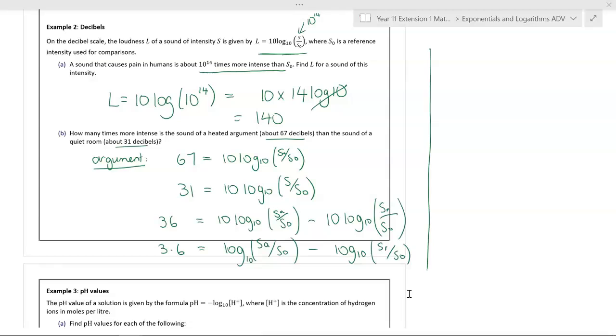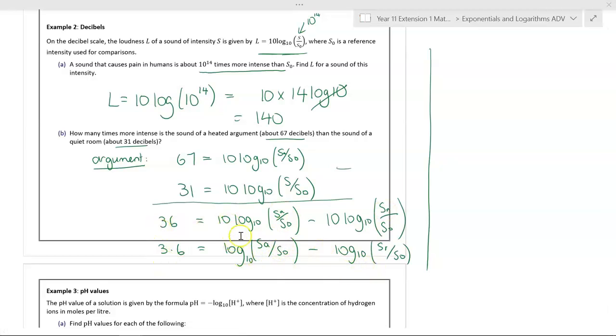Okay, so after we've done that, let's see what the difference between these two is. So I'm going to subtract those two equations. On the left-hand side, I'll get 36, and I'll have this log minus this log. Notice I've put in here a little a, that's sound for the argument, and this one here is the sound for the room. Okay, so now let's combine our logs.